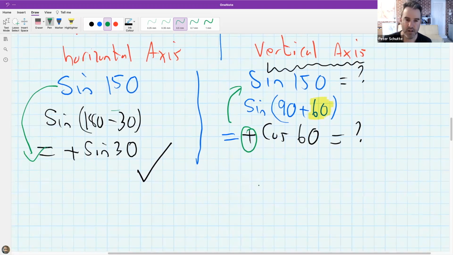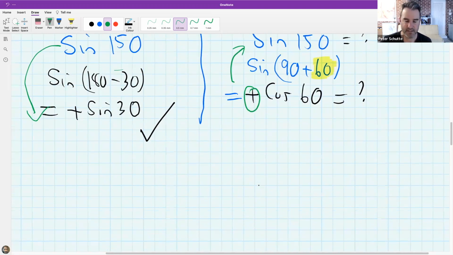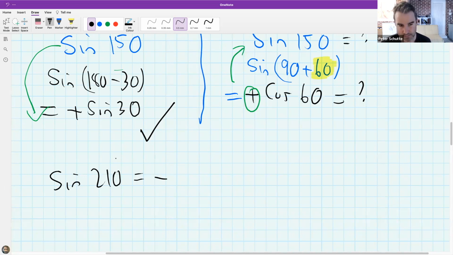If I had said instead that something was in a different quadrant, for example the sine of 210, the sine of 210 would end up being negative because it's in quadrant 3. So it always goes from the original thing as to what quadrant it's in.